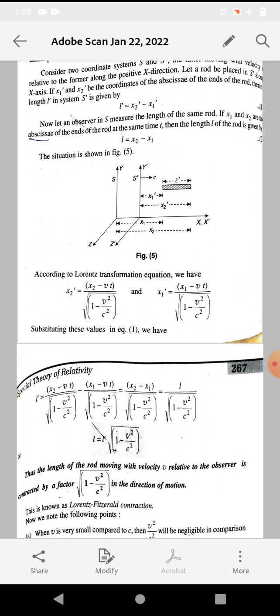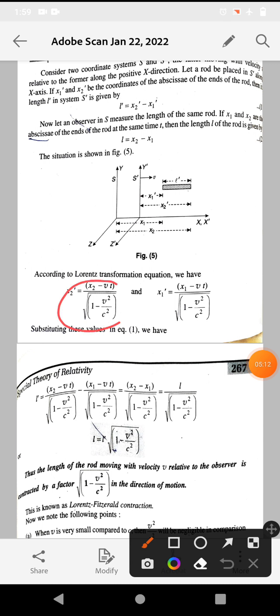So x2 dash is equal to x2 minus vt by under root of 1 minus v square by c square, and also x1 dash is equal to x1 minus vt by under root of 1 minus v square by c square. These values we substitute in the equation, which is considered equation 1.